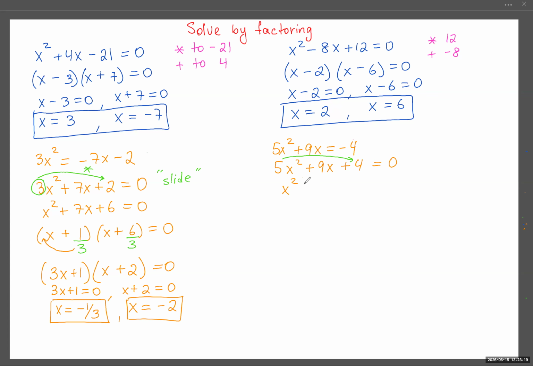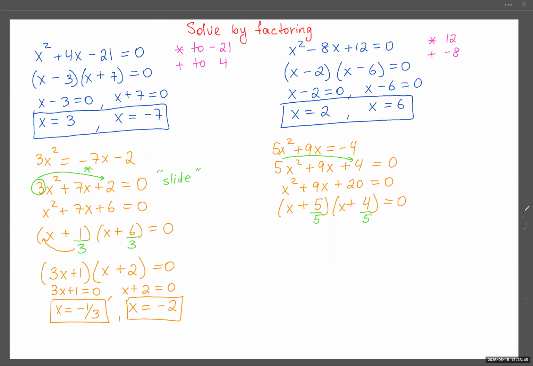So that's x squared plus 9x plus 20 equals 0. Factor as normal. Two numbers that multiply to 20 and add to 9. Everything's positive. This is 4 and 5. And I have to divide by the original number that I multiplied by, which is 5.